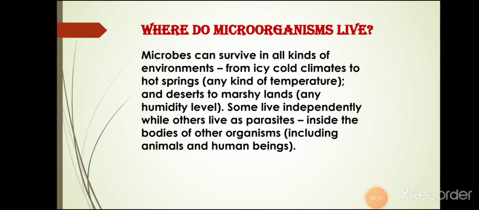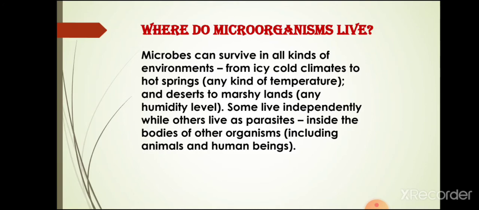Our next topic is where do microorganisms live? Students, microorganisms are either single celled or multicellular. Single celled means the microorganism is made up of a single cell, and multicellular means it is made up of many cells. Single celled ones are like algae, protozoa, bacteria, and multicellular ones are like fungi, and some algae are also multicellular. So students, microbes can survive in all types of environment, from icy cold climate to hot springs, any kind of temperature, and desert to marshy lands.